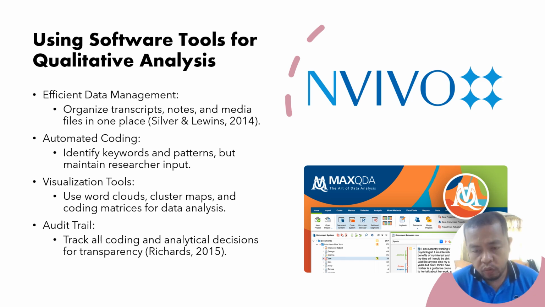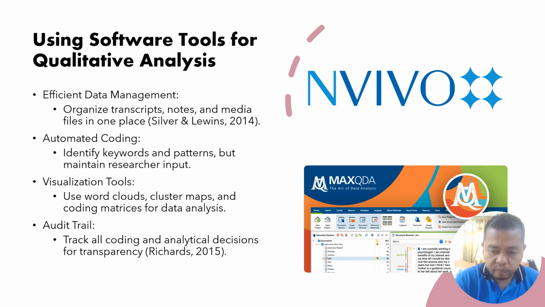But if you use software tools, you have to make sure that you have licensed software. You do not use cracked or pirated software. You use licensed, because some of the reviewers will ask you if your software is licensed, and they will ask you for the license number, because they do not encourage using pirated software tools.